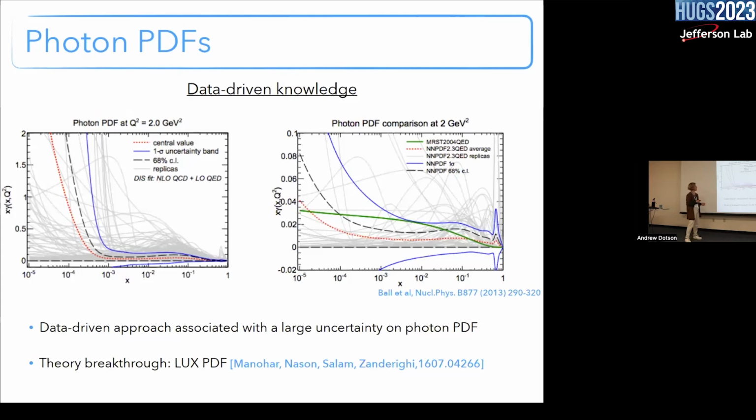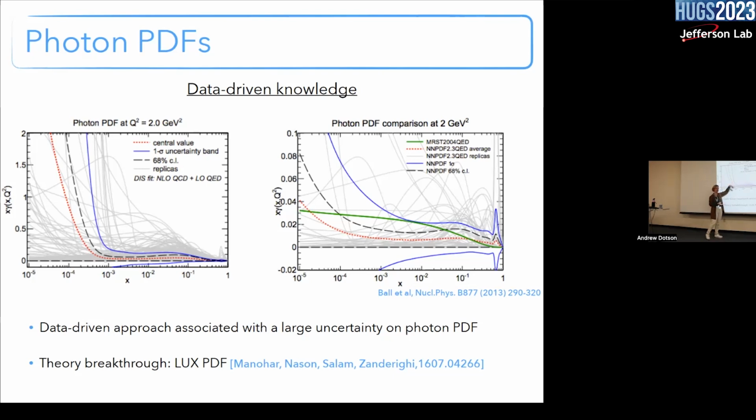But anyway, the results were not really nice. These are the replicas, they're gray, I don't know if you can see them, but this is small x. It's just the photon PDF, looked at with two different scales. But basically, you see that there is a huge uncertainty.